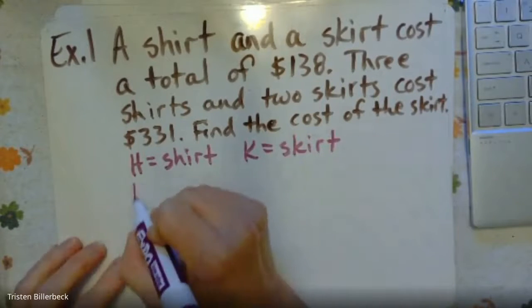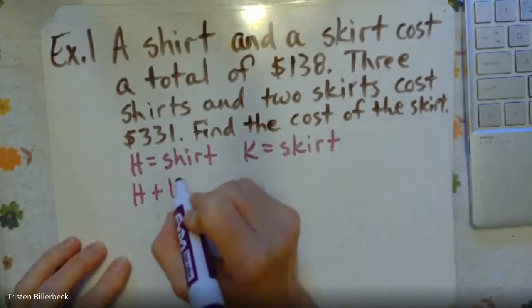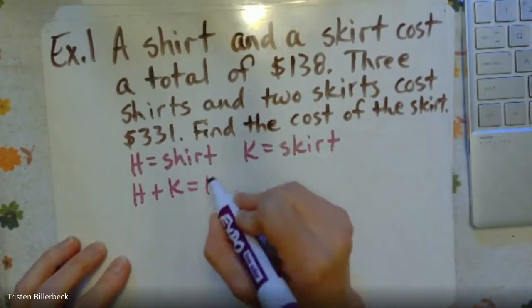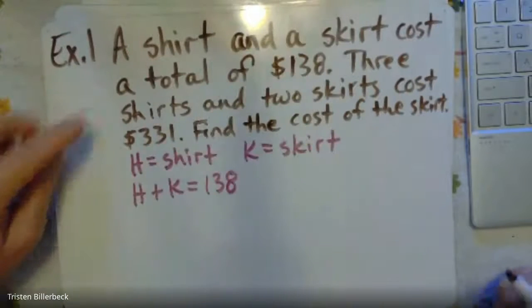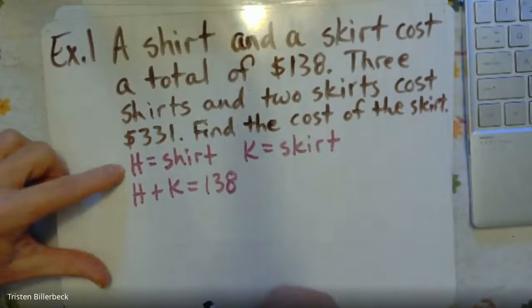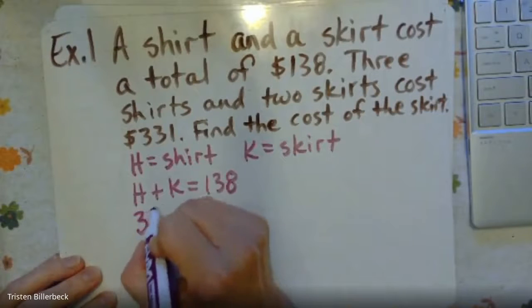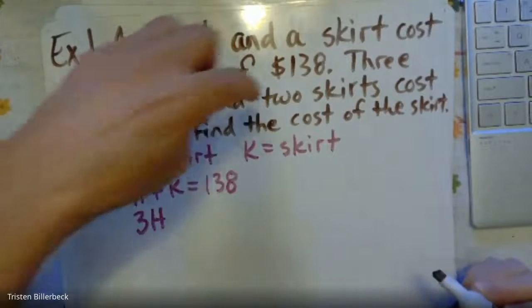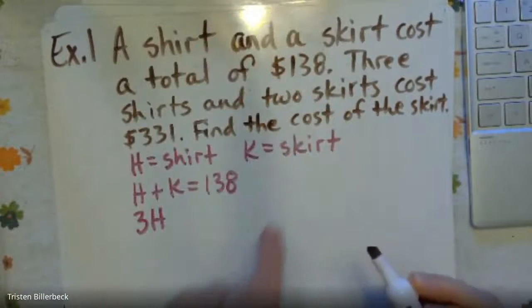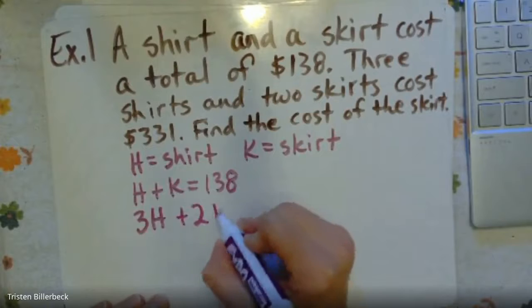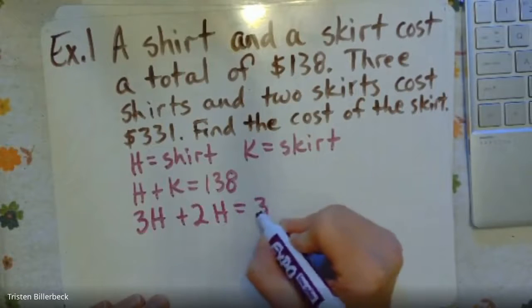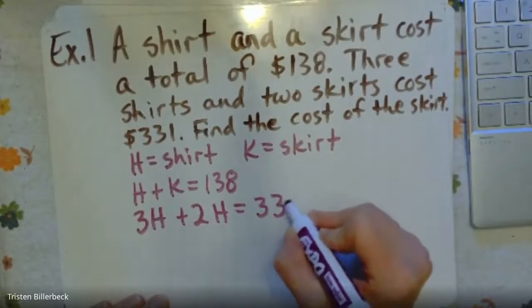Okay, so I have H plus K equals $138. And then it says 3 shirts plus 2 skirts equals $331. So 3H plus 2K equals 331.